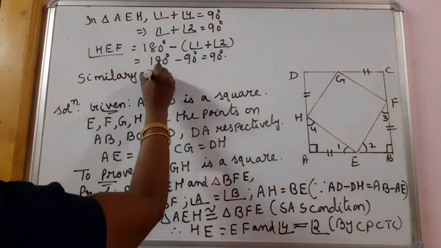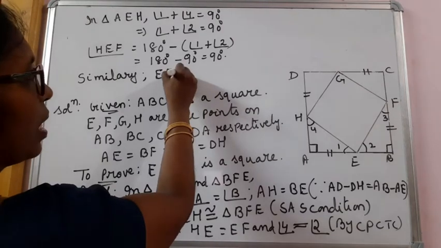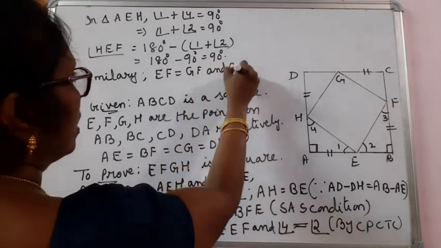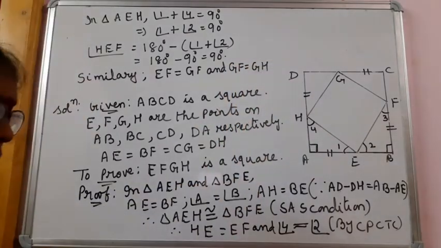Similarly, we can have EF is equal to FG, and also FG is equal to GH.